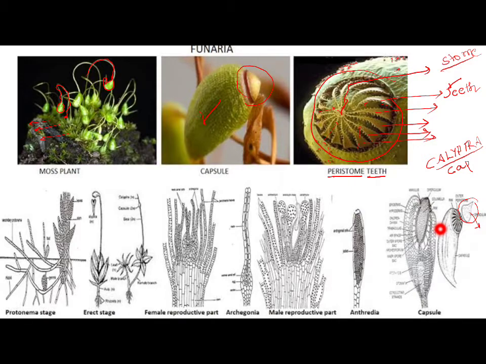If all the spores are dispersed at once, then if any loss occurs, there won't be any new gametophyte germinating. So the teeth will disperse the spores in batches to regulate the spore dispersal.